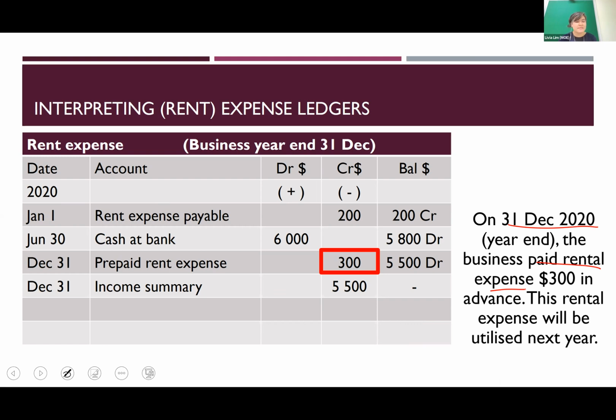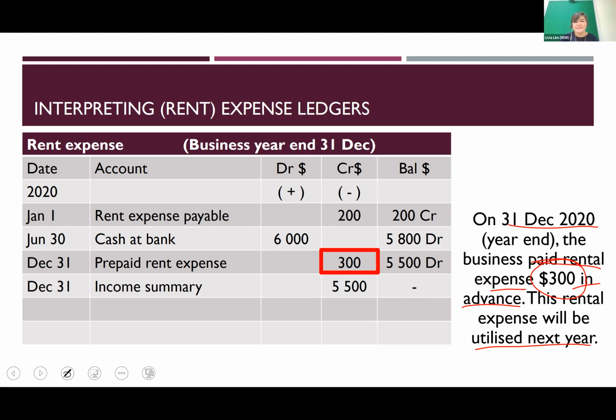Now that is telling me what happened. Rental expense of how much? $300. Now this $300 was paid, and that is the amount that you're telling me. And it was paid in advance. This rental expense will be utilized next year. It will be used next year. So that is how I would interpret the prepaid rental expense on 31st of December.